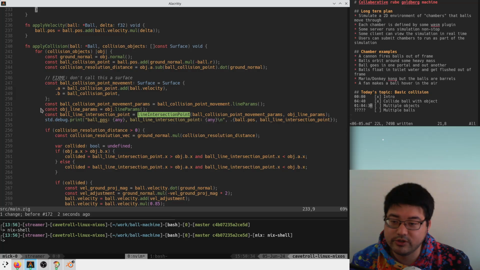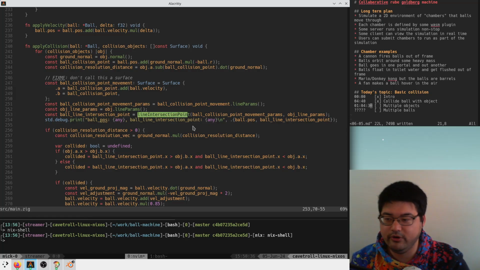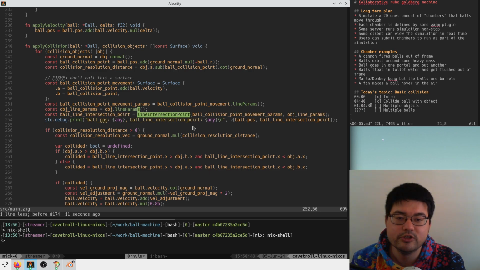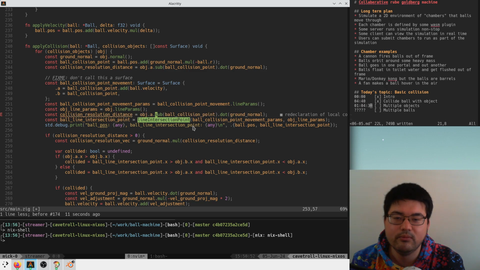So here we're just trying to find the ball line intersection point, and we can just do ball collision point dot ground normal, except this is going to be the other way now.